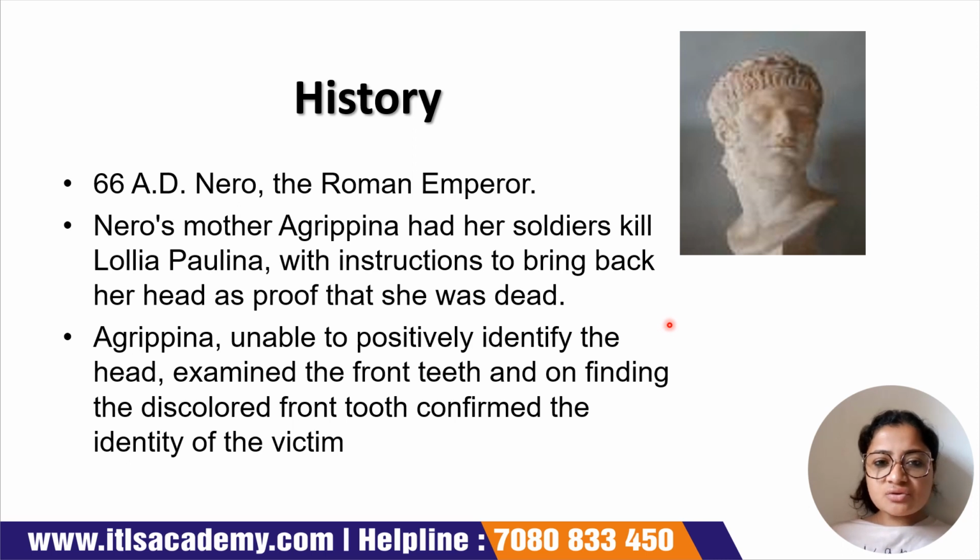This was a common ritual in the olden days by the kings and the queens. She ordered her soldiers to kill this person, Lollia Paulina, and also instructed them to come back with her head so that she gets the proof that this person is dead.